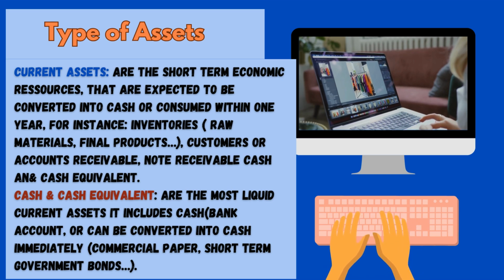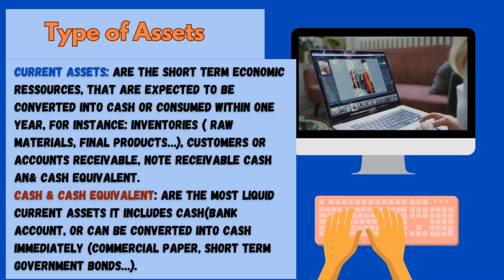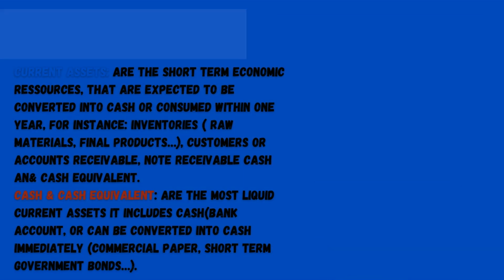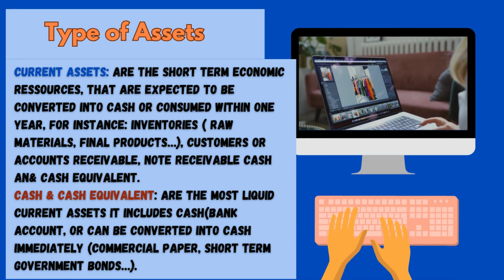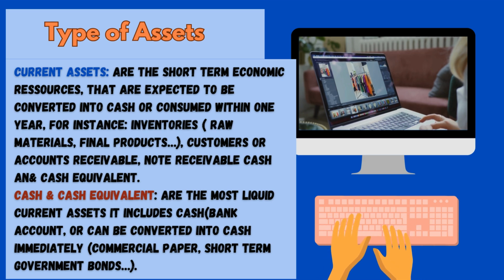So we move now to the current assets. Like the non-current assets, but here they are short-term economic resources that are expected to be converted to cash or consumed within 1 year, such as inventories like raw materials and final products, customer accounts receivable, notes receivable, or cash and cash equivalents.